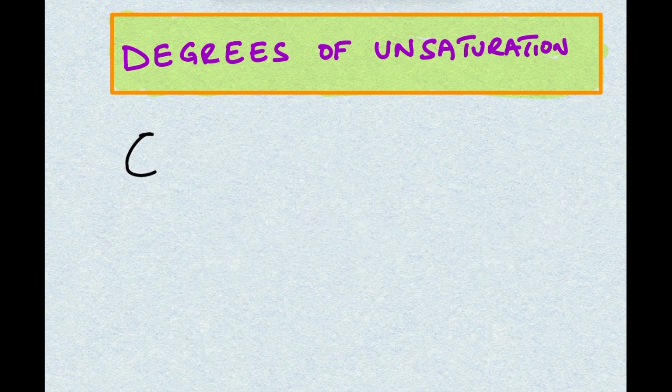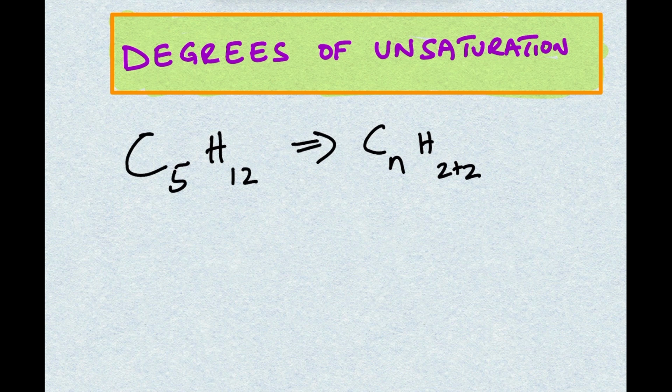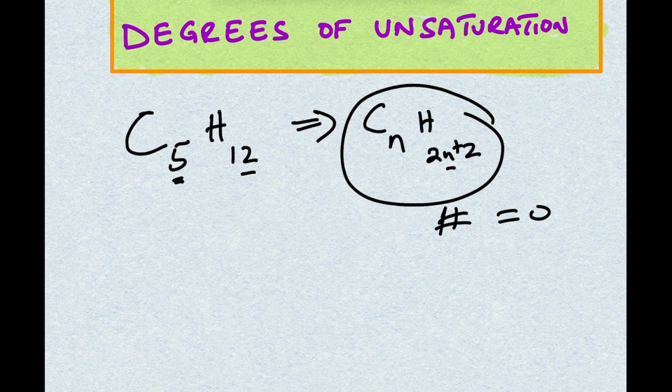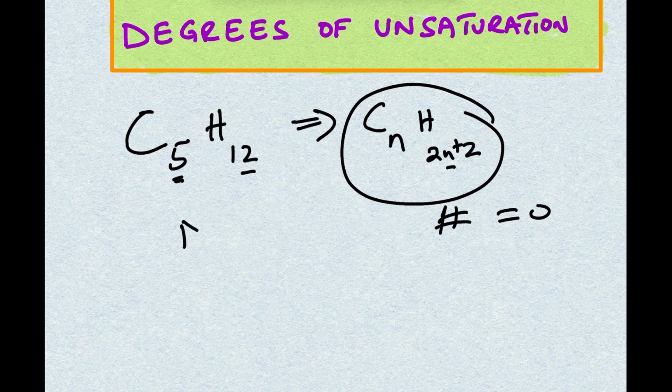Now if you have a structure C5H12, we see that it fits this formula CnH2n+2, where n is 5, so 5 times 2 is 10 plus 2, and that's 12. So that means if this structure is satisfied, then the number of missing hydrogens equals 0. So in that case, the degrees of unsaturation equals 0 divided by 2, and therefore 0 degrees of unsaturation.